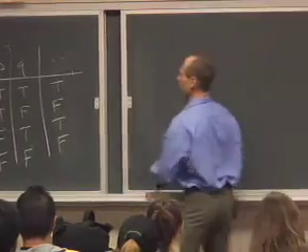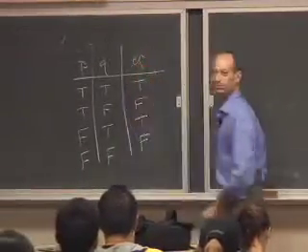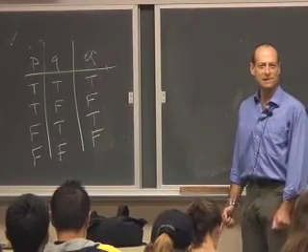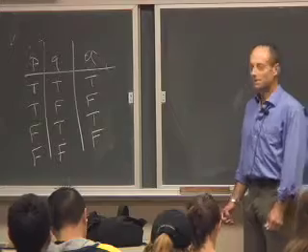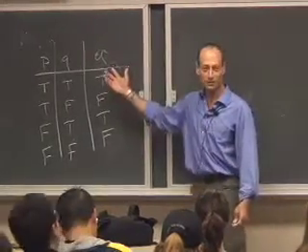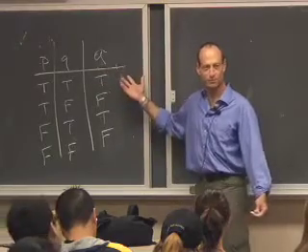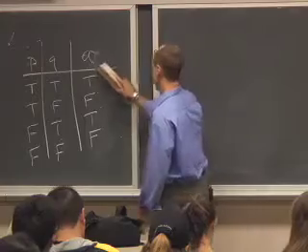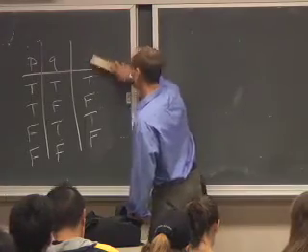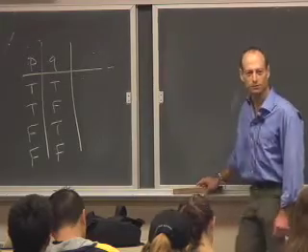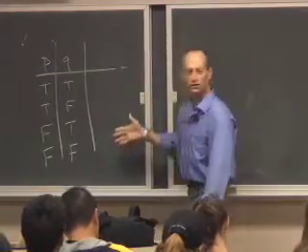So this is logically equivalent to Q. It's a function of P and Q whose value is Q, whatever Q happens to be. How about another example? True, true, false, false is just P.